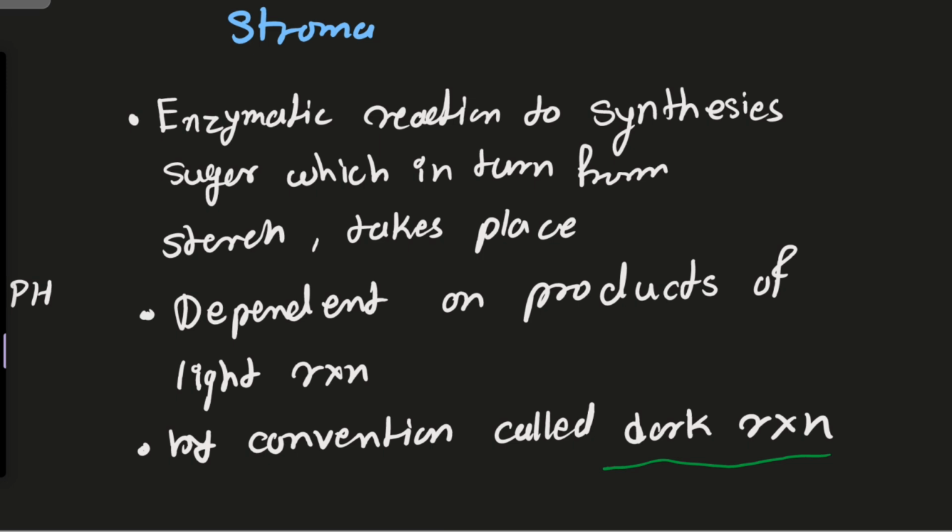The process of formation of sugar might take place in the presence of sunlight also, and it can be done in the absence of sunlight also, because it does not directly depend on sunlight. It depends on the products of the light reaction, which are ATP and NADPH.